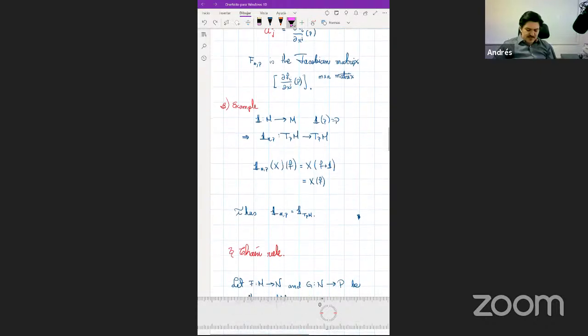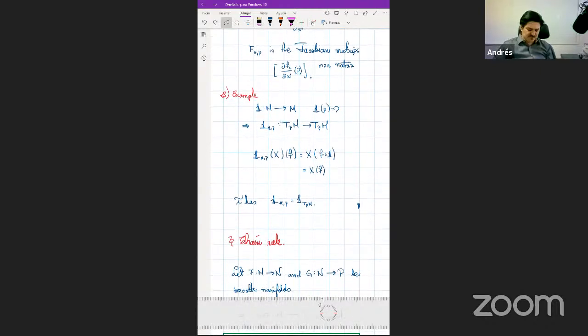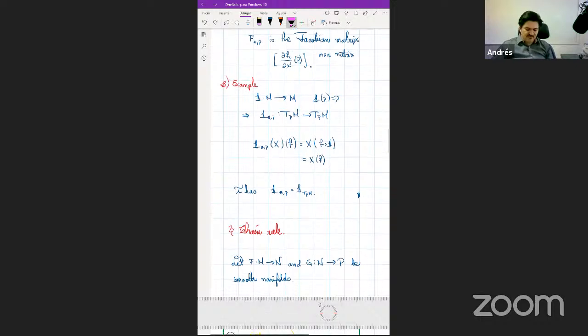So let's consider two smooth functions so that we can compose both of them. We have already seen that the composition of smooth functions is a smooth function.